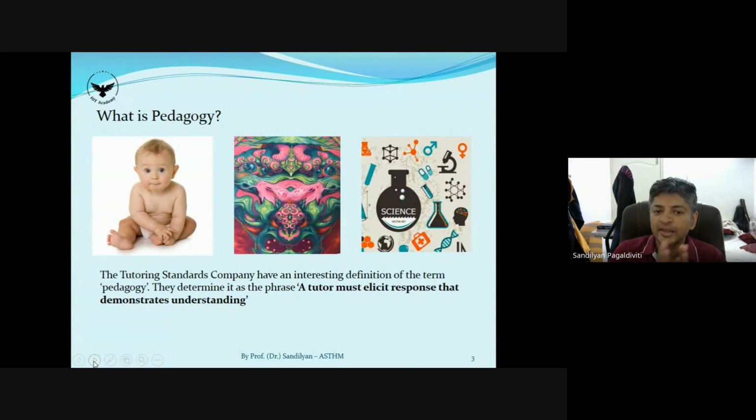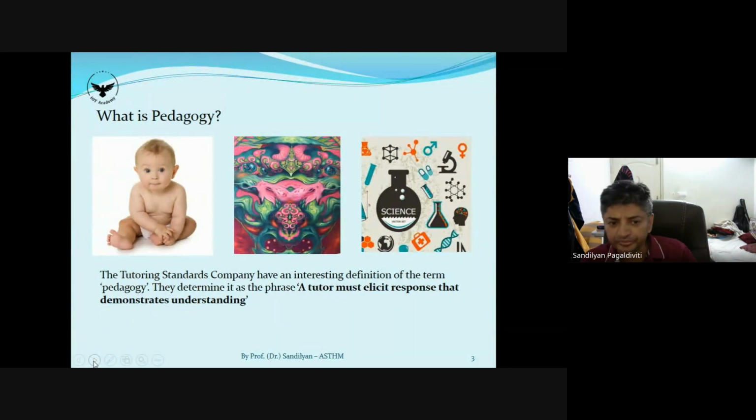It's an art as well as a science. And if you can note, there is an interesting definition for pedagogy, which clearly states that a tutor must elicit a response from the learner that demonstrates understanding or comprehension of the subject that is being taught.